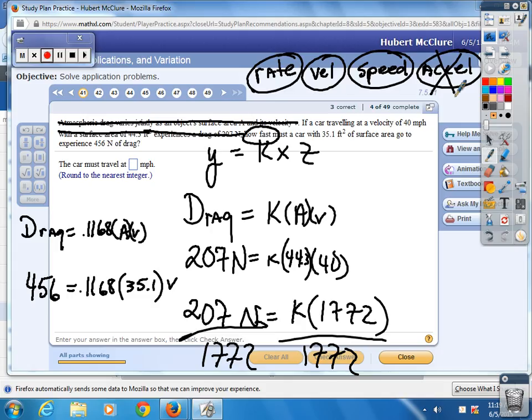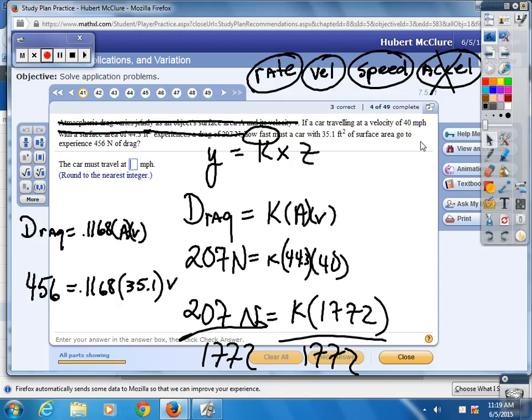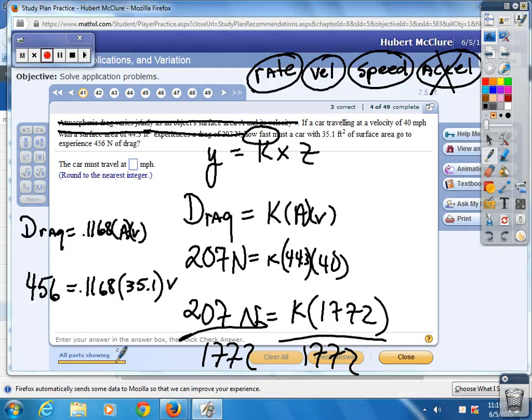Okay? When we round up, it says round to the nearest what? What did it come out to be when you divide, V is equal to what? Point two two eight.